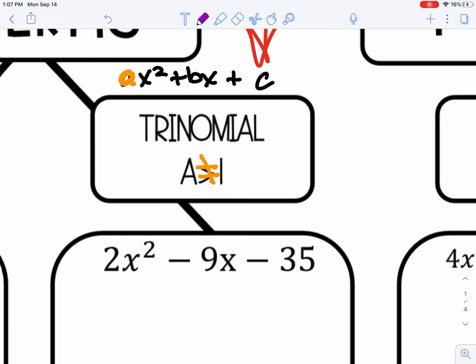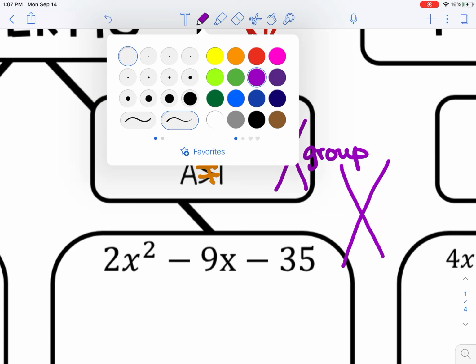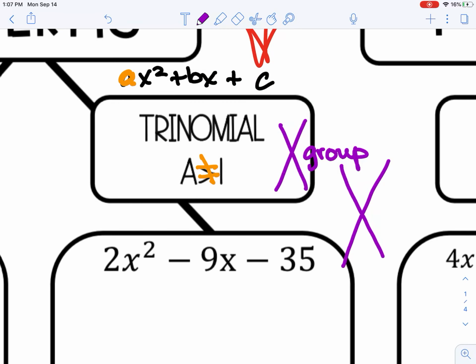The way that we deal with this is what we call x grouping. Okay, and that's the process. The one that we used for the other 3 term was called x factoring. Here, we're going to use something called x grouping, where we take a big X, and we're going to take our value of a times c, so we put our value for a times c here, and we put our value for b here.